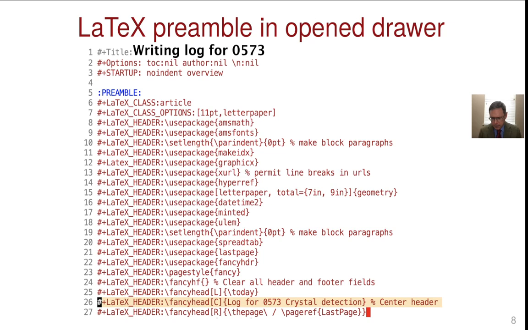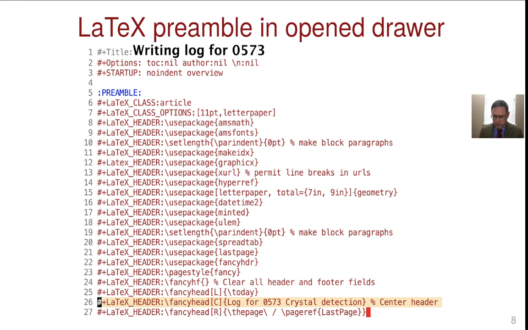If I open up the drawer labeled preamble, you can see that I have imported a number of LaTeX packages to enhance the format of the PDF file that is produced upon export. I have commands listed at the bottom for providing a fancy header.